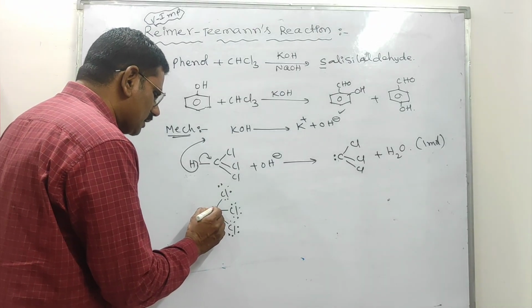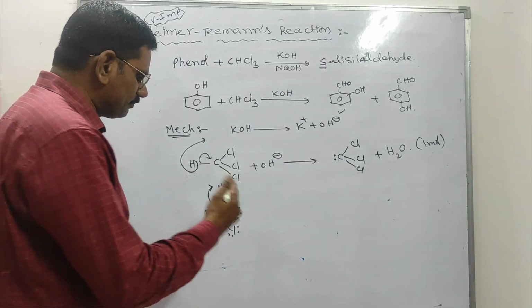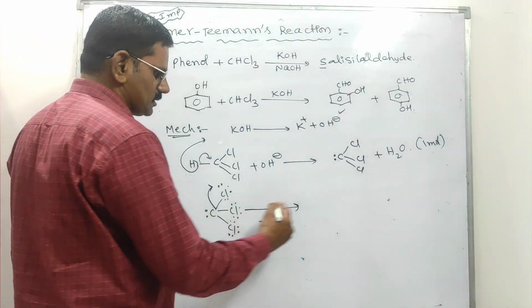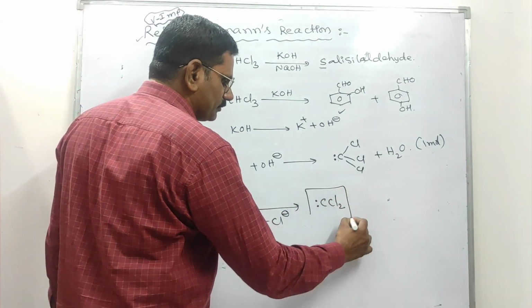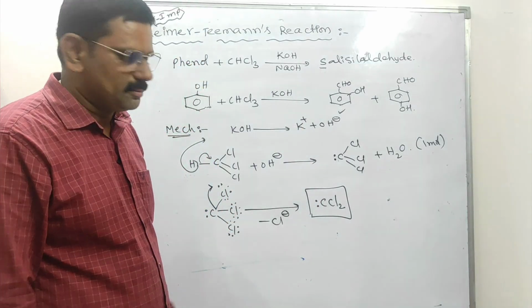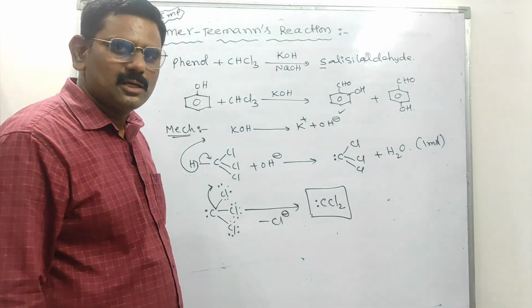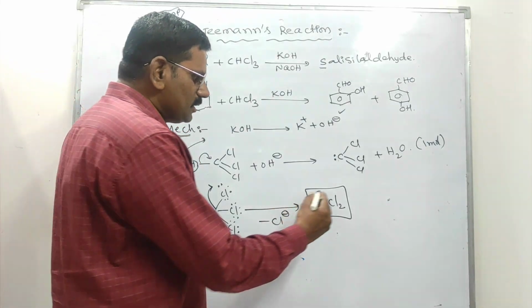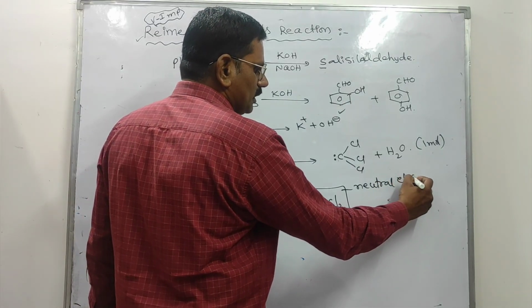Hence, in order to overcome those repulsions, one Cl- ion is lost. Then CCl2 is formed. It is very, very important. CCl2 is called dichlorocarbene, singlet dichlorocarbene. It is a neutral electrophile.